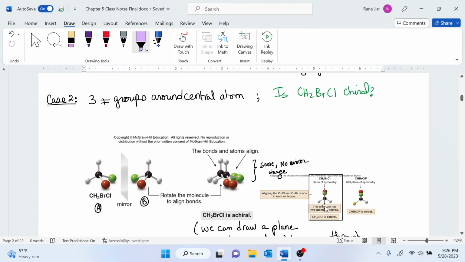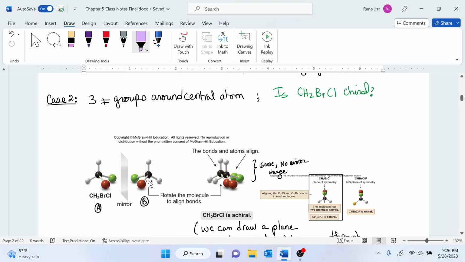And if you can draw a plane of symmetry, immediately the molecule will not be a chiral molecule and its image will be the same as the molecule. So here, since I'm able to draw a plane of symmetry, if you take B and do the rotation, it's going to align with A.